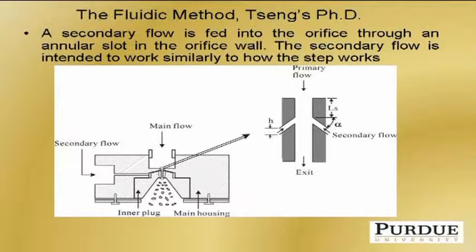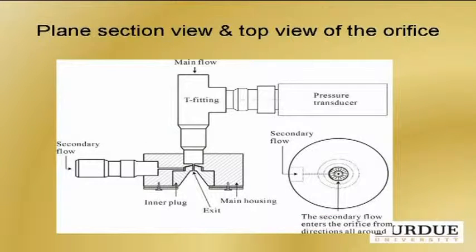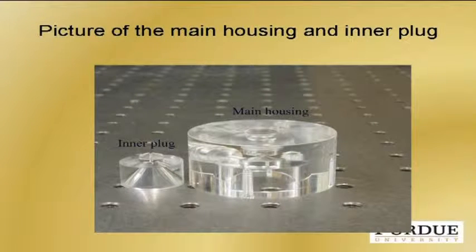It's just the void between two pieces here. These are both in acrylic, so we can see, and again, some low pressure work, and hooked up with the usual stuff. That's what they look like there, sitting on the table. That's the inner plug. That's the outer or the main housing, and this goes in the bottom here. And you see this cone, and the gap between those two cones is the conical injection slot.